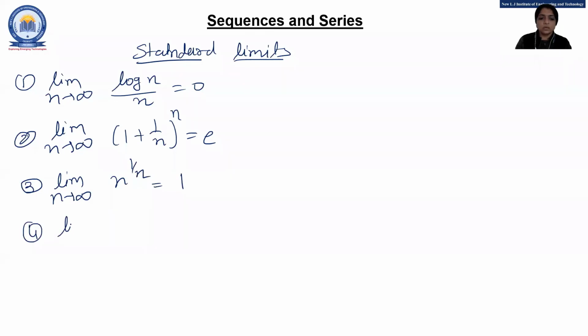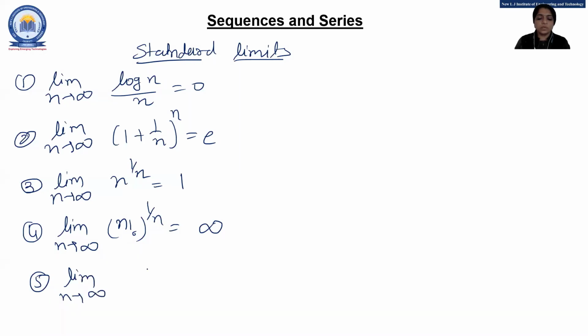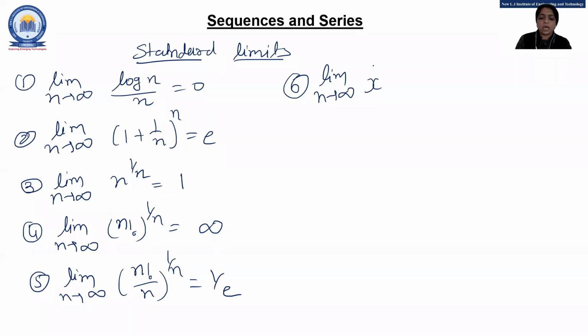Fourth one is limit n tends to infinity, n factorial raised to 1 by n, that is infinity. Fifth one, limit n tends to infinity, n factorial upon n whole raised to 1 by n, that is 1 by e. Your sixth standard limit is limit n tends to infinity, x raised to n equal to 0 if x is less than 1.